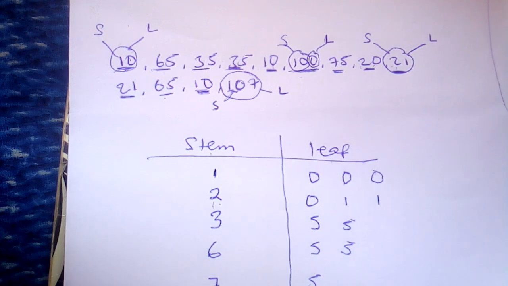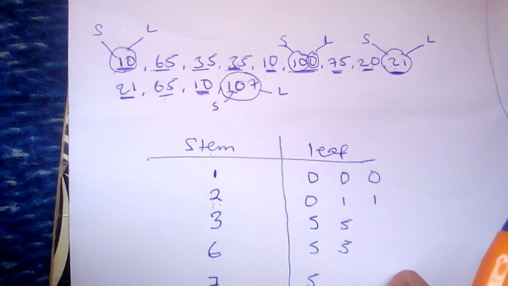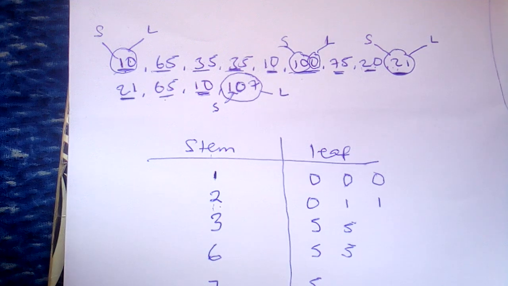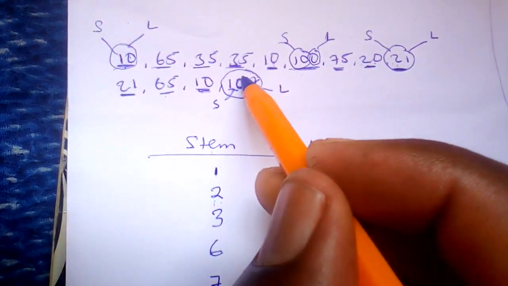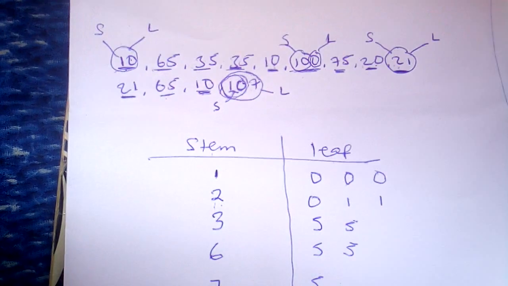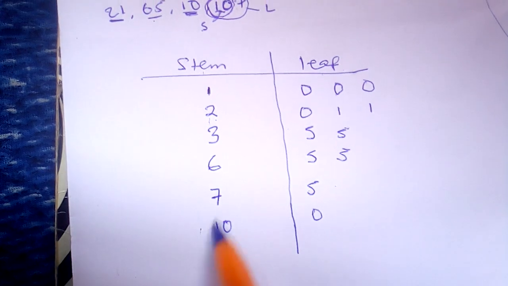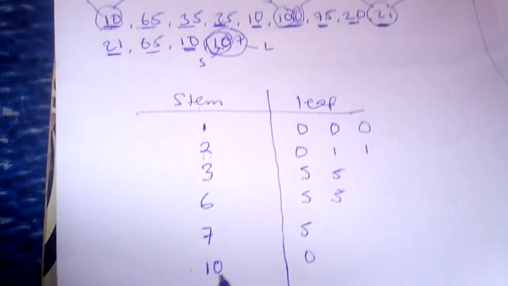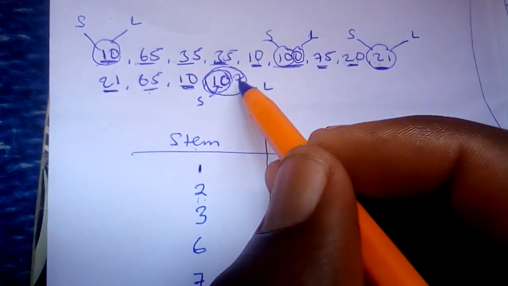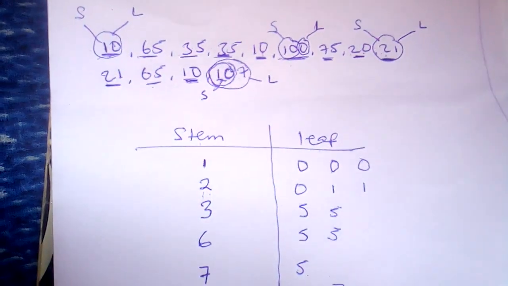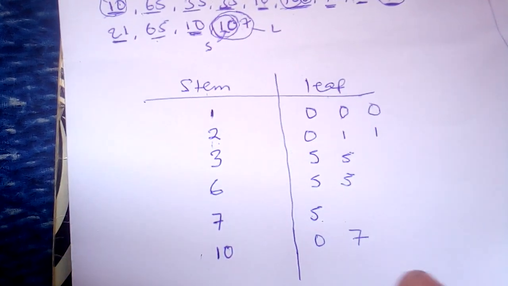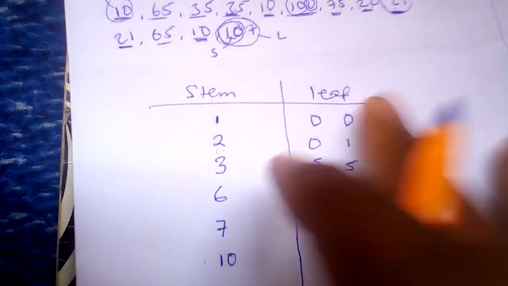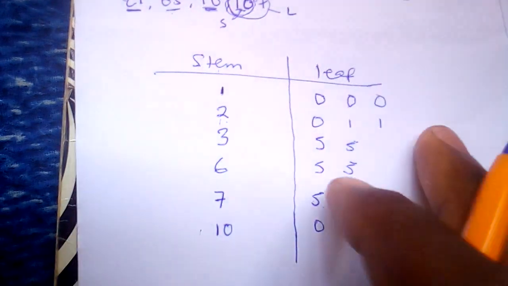But this 100 has something that should come in front, which is a 107. As you can see, 107 also begins with a 1 and a 0, which I've already indicated here. So you just get this 7 and put it here, which will be 107, like that. This is how you do the stem and leaf plot.